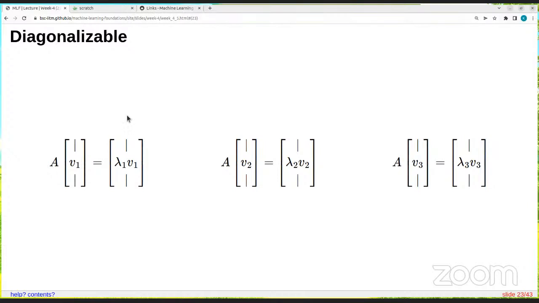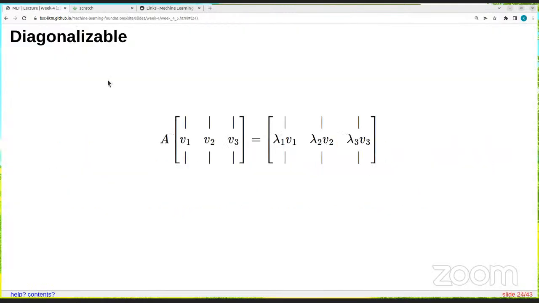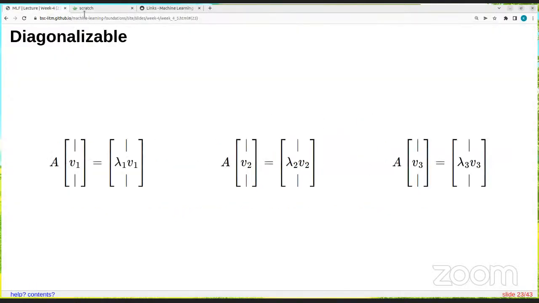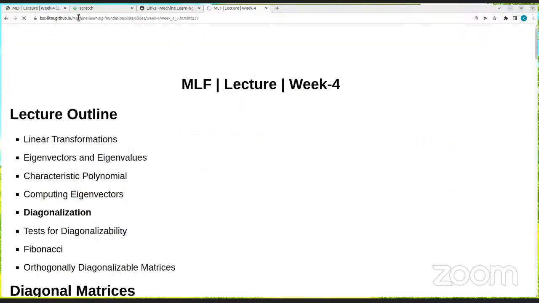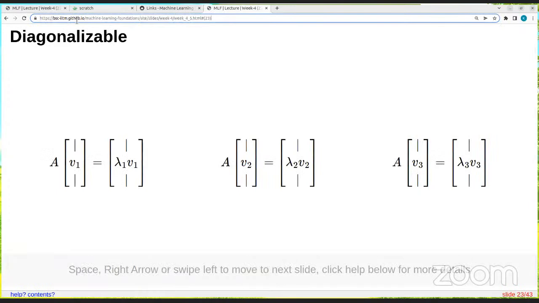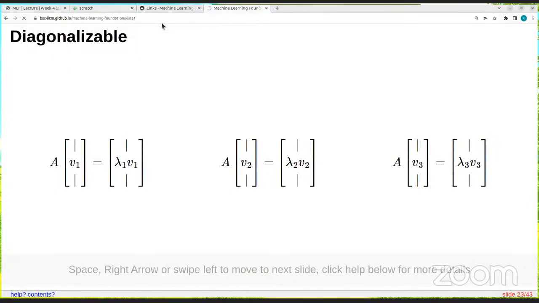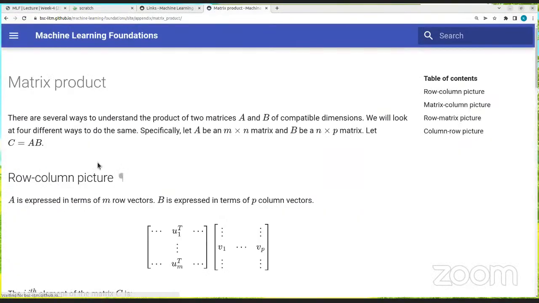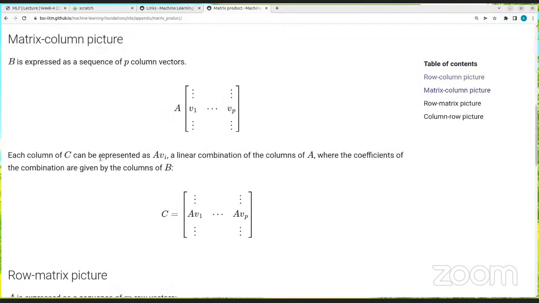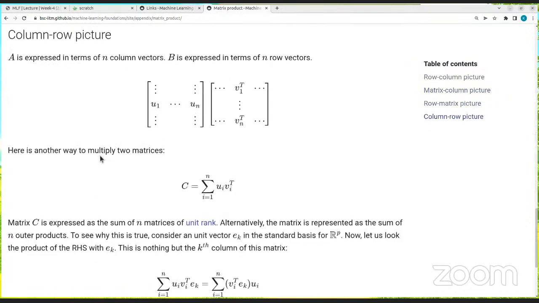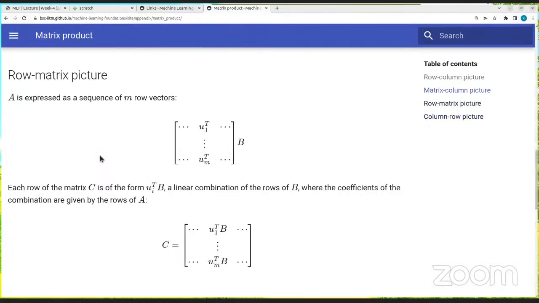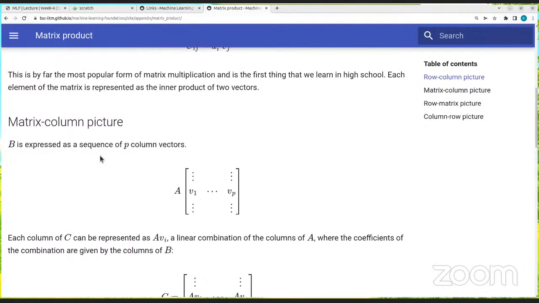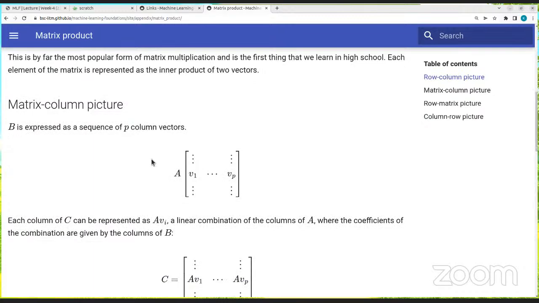For this you need to know matrix vector multiplication. There are several ways to multiply matrices, several pictures. There is one in particular called the matrix column picture.